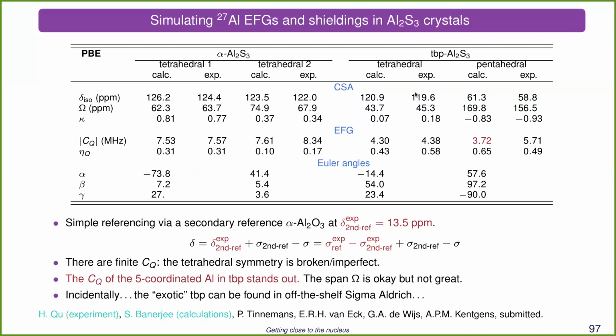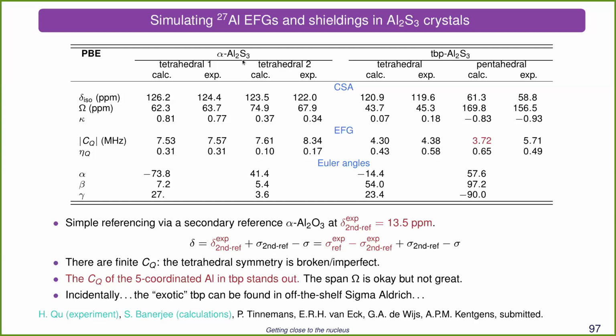And you see here, you can calculate the shielding tensor, all its properties. You can calculate the EFG, and you can bring them onto principal axis. You get different principal axis systems. Of course, there are Euler angles connecting those. So all this information is there.